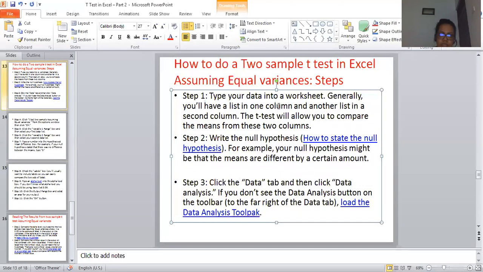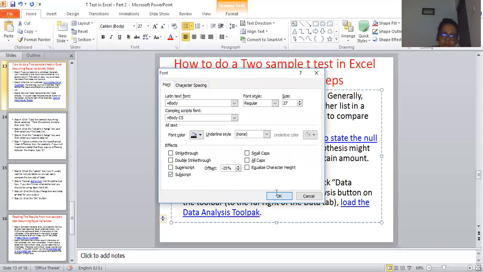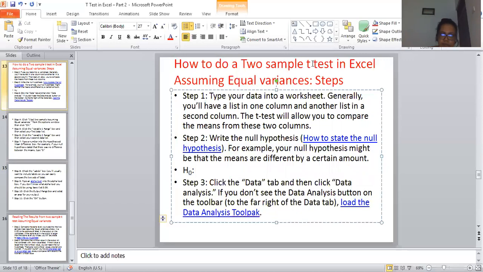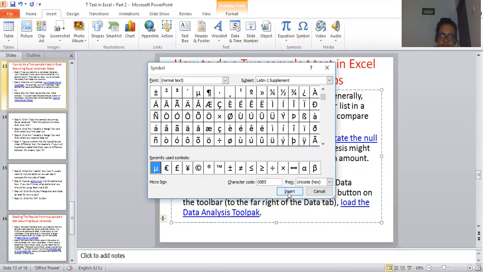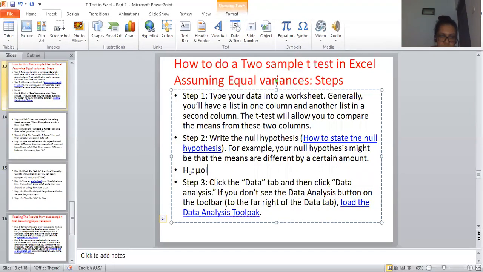So here the null hypothesis, H naught, would be where you have the lifetime of all batteries, the mean, have this symbol, all.